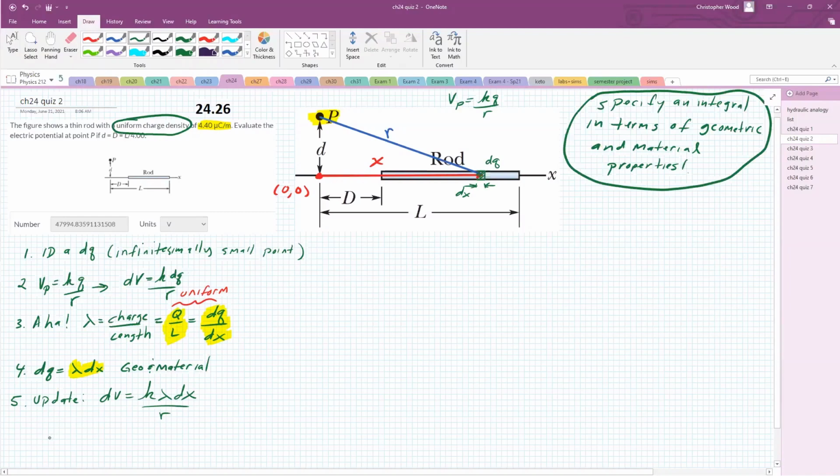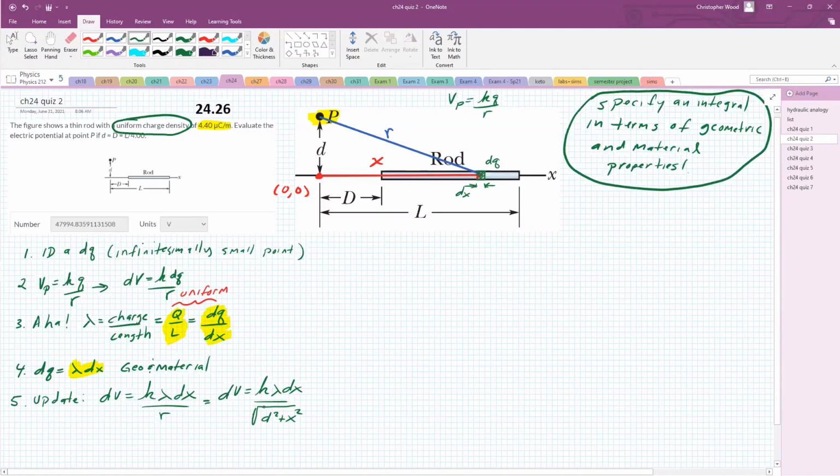So I'm going to just go right to here. dV equals K lambda dx, and here's R. R is going to be the square root of d squared plus x squared. That's it. So that's my expression for dV.